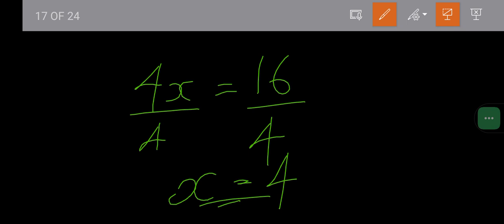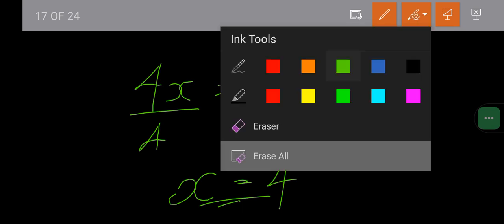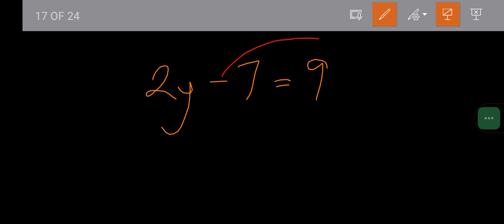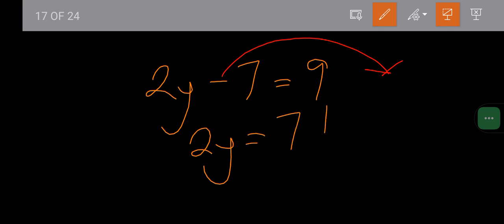For the next equation, it says 2y minus 7 equals 9. We want to make y subject of the formula, so we move minus 7 to the other side, and we are left with 2y equals 9 plus 7, the sign changes.